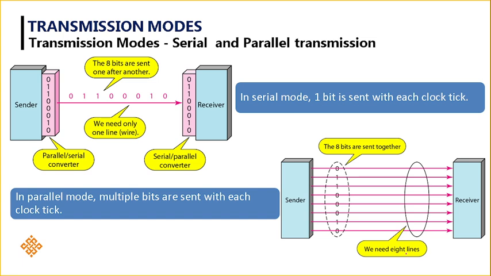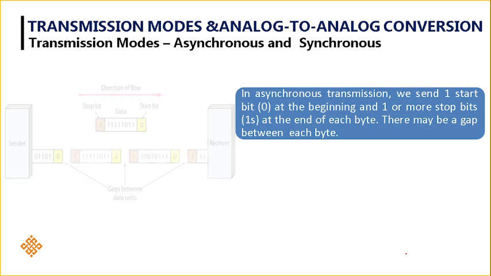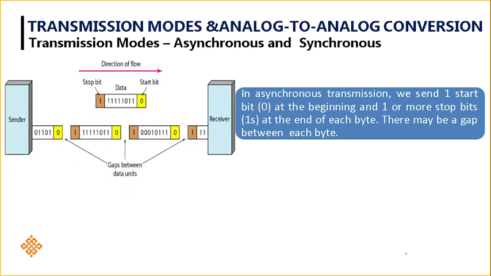Coming to types of serial transmission, I said we have asynchronous transmission as well as synchronous transmission. In asynchronous transmission, what happens? We are transmitting data in terms of bytes, meaning 8 bits at a time. For every byte, we are adding one start bit and one or more stop bits.